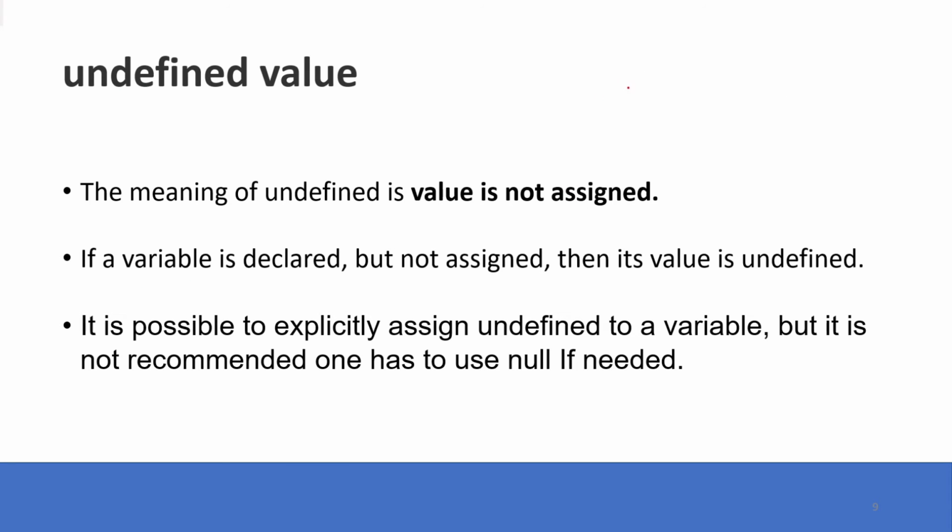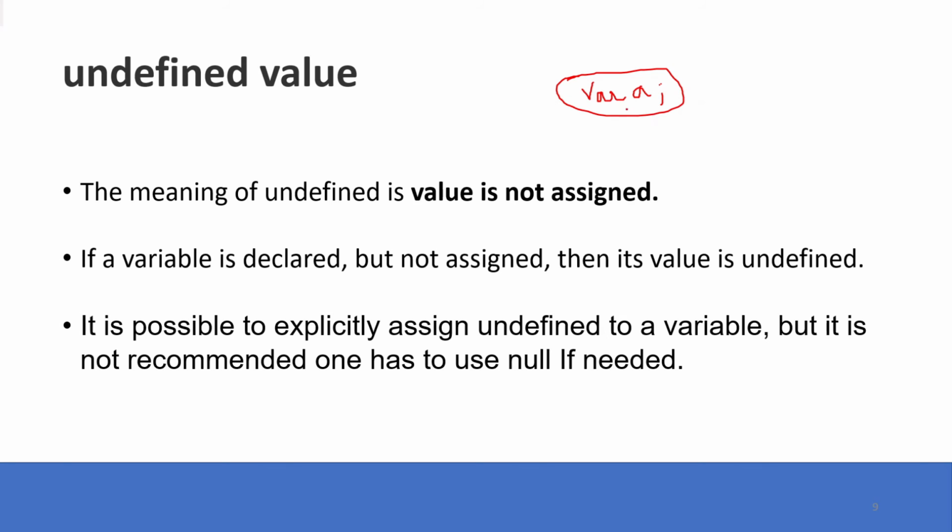Suppose you declared a variable using, say, var or let, anything, no problem. I think we need to use var only. Let's take var for this particular example. I can't exactly remember, but let's take var a, and you did not initialize this value.